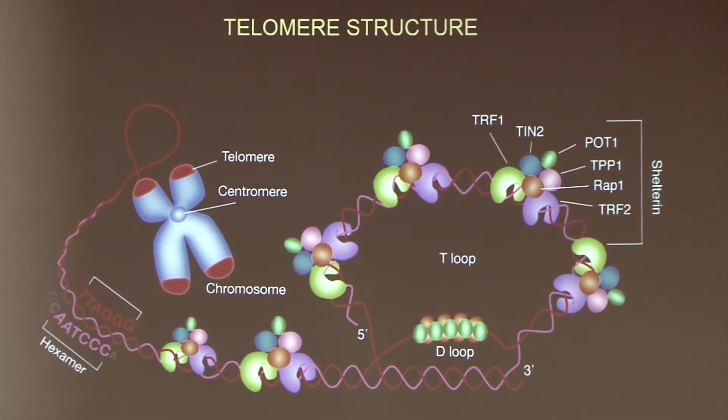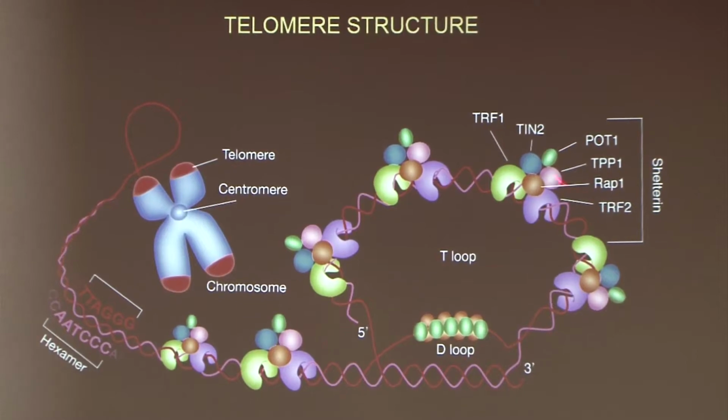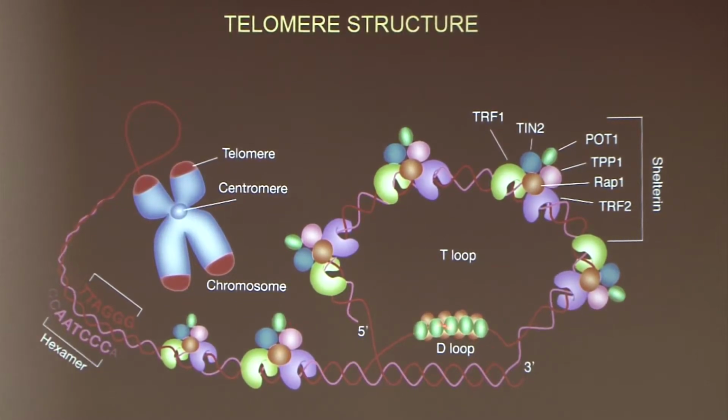There is just one single strand, and it folds back and intertwines and makes a lace at the end of our chromosomes, like the lace that you do in your shoelace, for instance, and it hides the 5' and the 3' ends of the chromosomes from the DNA repair machinery.